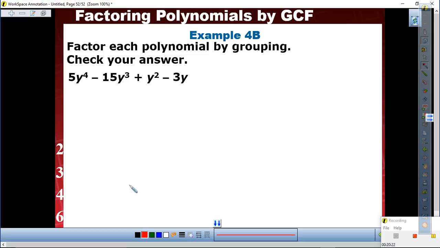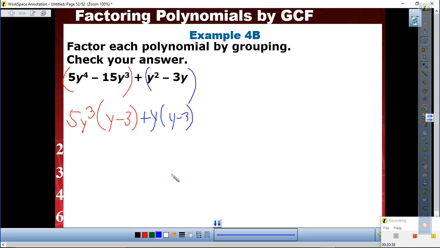Okay, let's see. We group these two. GCF for the first two is 5y cubed, is that correct? We're left with y minus 3, plus these two is y, we're left with y minus 3. Therefore, my factors are y minus 3 times 5y cubed plus y.